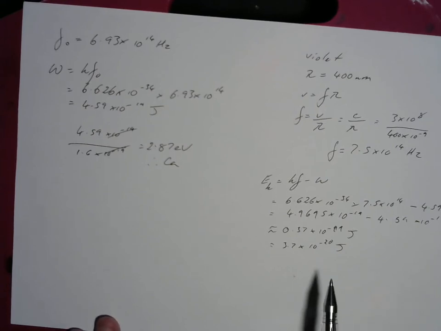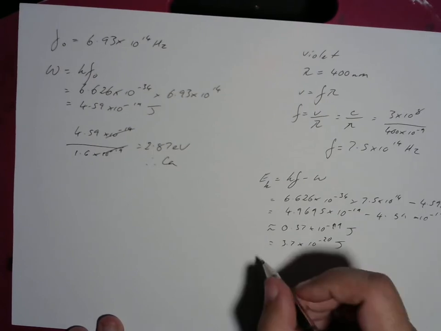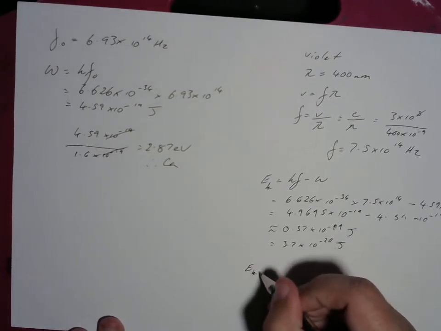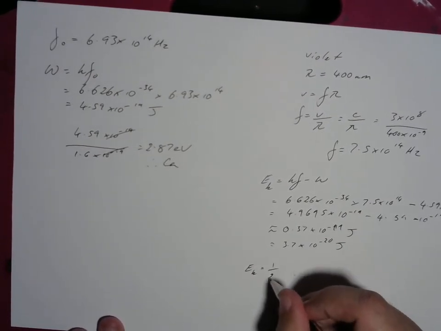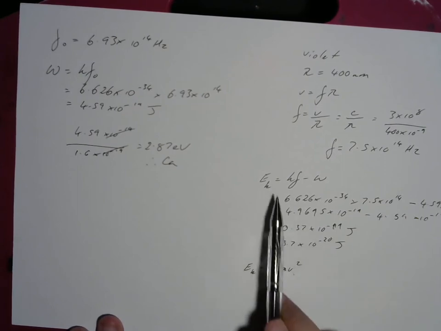Often the next step, and we'll see this in the next example, is to take this kinetic energy and work out a velocity, because remember we've seen in last year, for all of you, because you did it in year 10 and you do it in year 11 and unit 1, or the current year 12s did it in unit 1, that kinetic energy equals half mv squared. Well, this is a kinetic energy. We've worked out that energy.